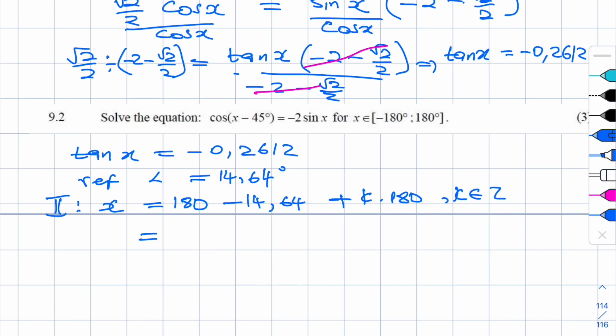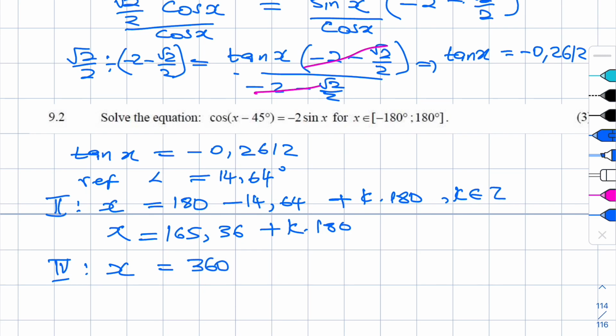So it's k 180 with k an element of integers. Then again, you put that on the calculator. 180 minus 14.64. That gives me 165.36 plus k 180 degrees. And that's that for quadrant 2. And for quadrant 4, remember quadrant 4 is 360 minus.